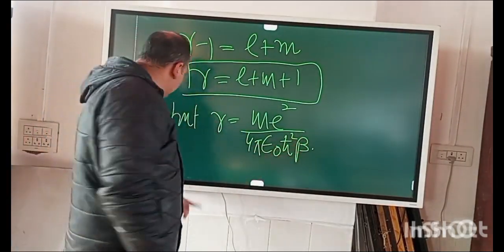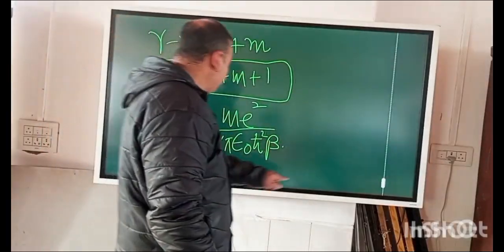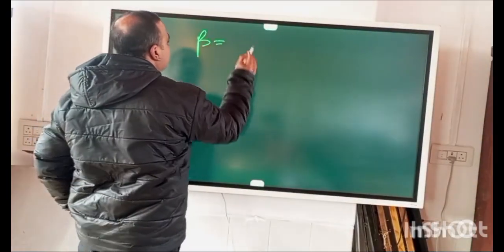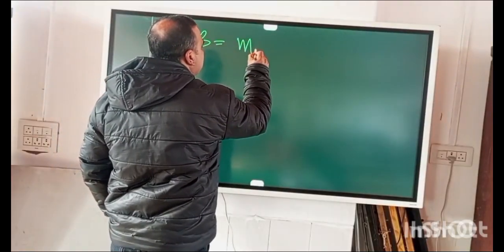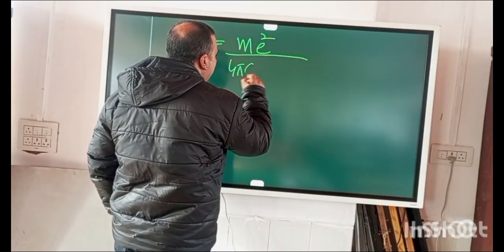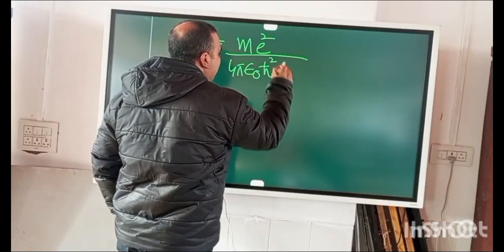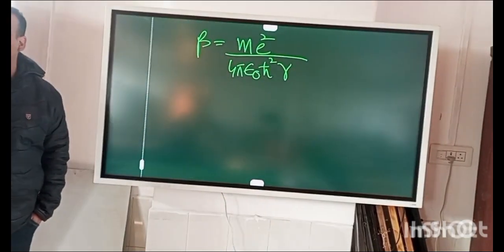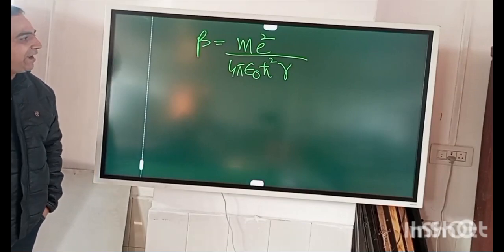If I do that, I will get beta is equal to m e squared by 4 pi epsilon naught h bar squared gamma.